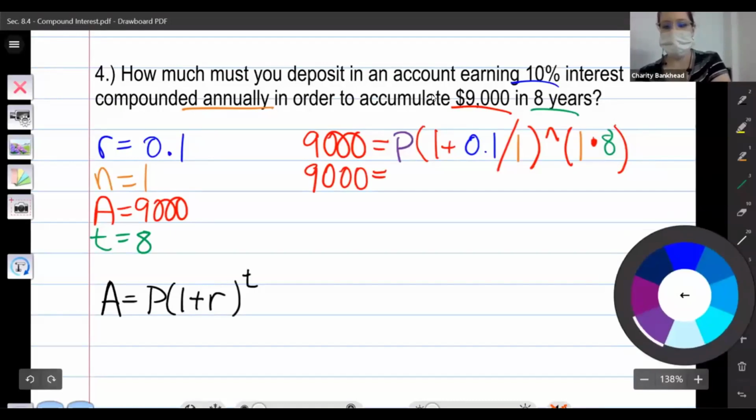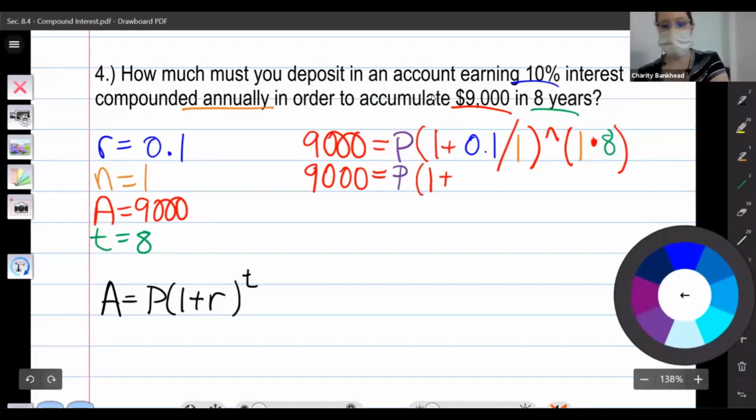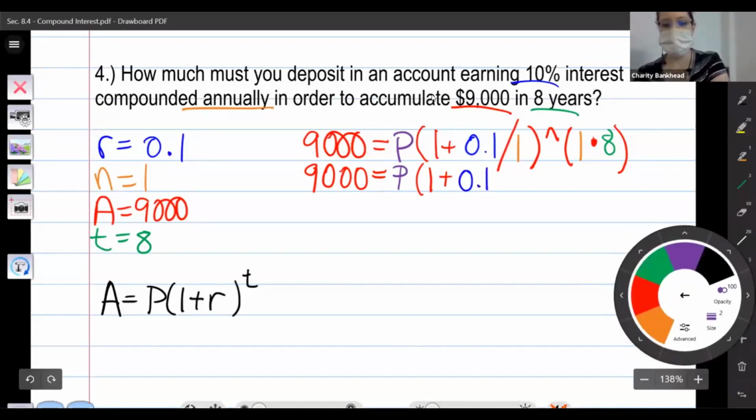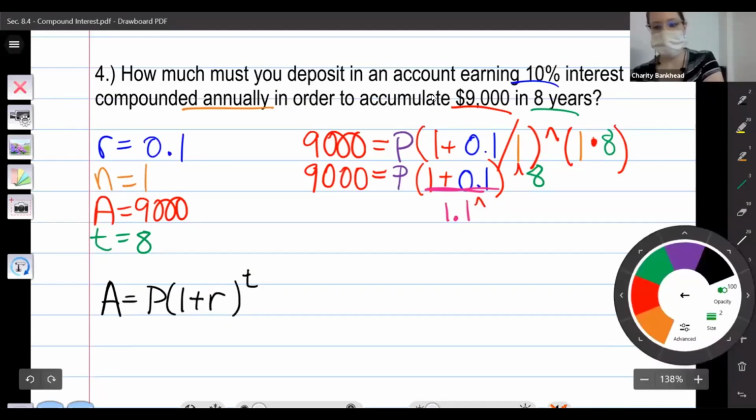Because 0.1 divided by 1 is still just 0.1. So this is basically what it would look like if you did use the simplified version of the formula. And then 1 times 8 is just 8. And then 1 plus 0.1, that just equals 1.1. So simplify it a little bit more. So there we just have 1.1 to the power of 8.